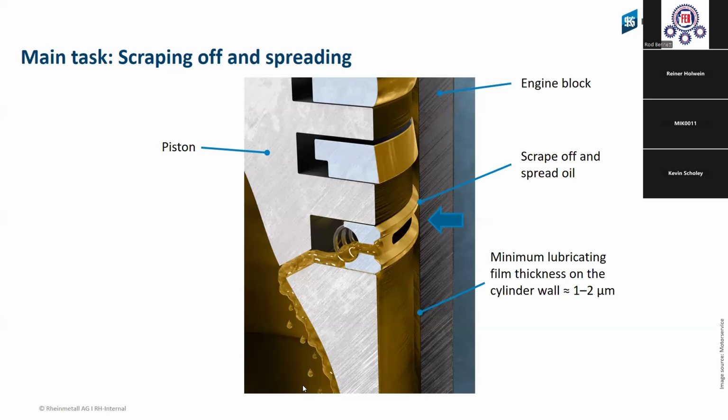They can be completely different. But it is very important that this drainage bore is open, so that the oil can come very easily to this bore, inside the piston, and be dropped down to the oil pan. When this drainage is blocked, then we have a problem.